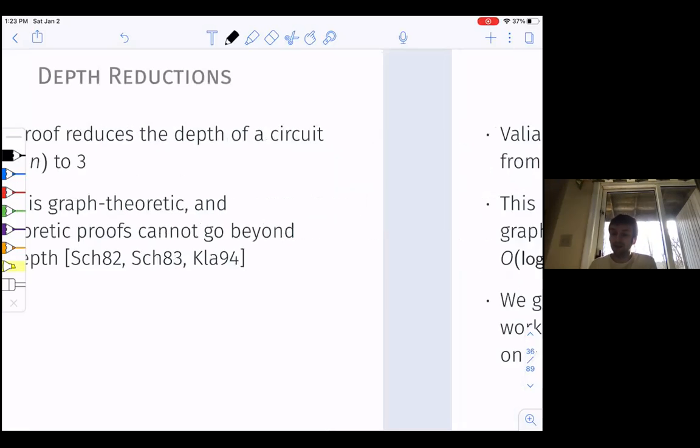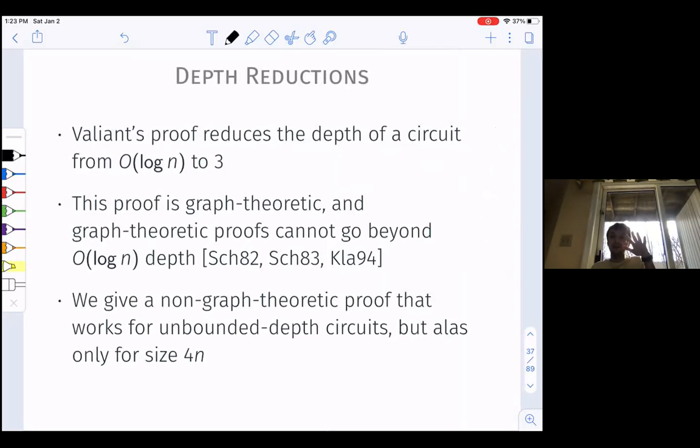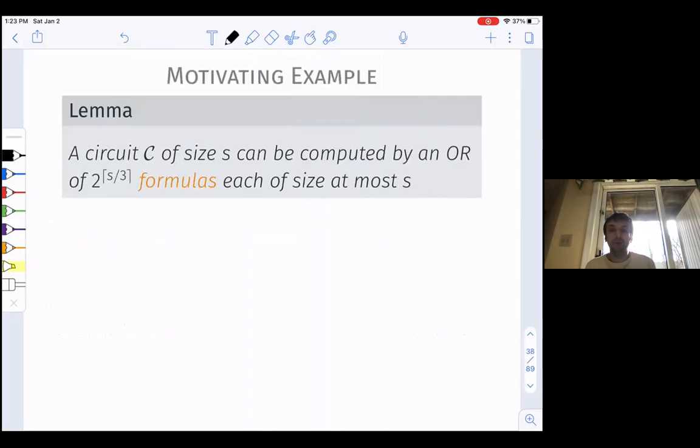Our first result is a similar depth reduction, but for circuits of unbounded depth. Unfortunately, currently it only works for circuits of small size, but unbounded depth. All right, let me show you a toy example of how such a result for unbounded depth can in principle be proven.